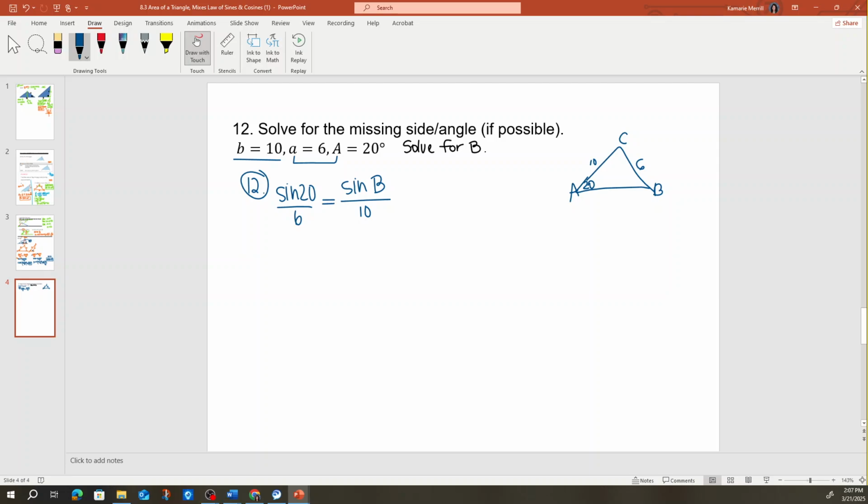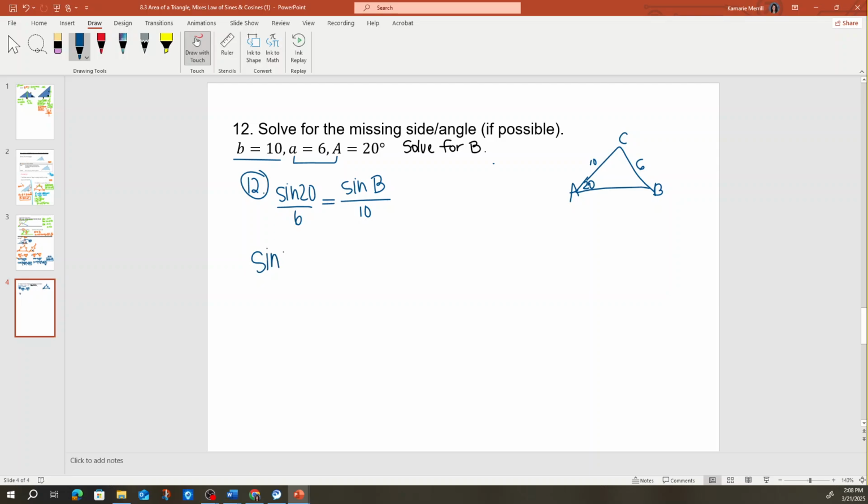Now, what if I had asked you to find C? Am I still forced to find angle B first? Yes, there's nothing else you can solve for. I am only able to solve for B. So you have to do all those roundabout steps. When you are missing a piece, you sometimes have to solve two different things before you can get to your answer.